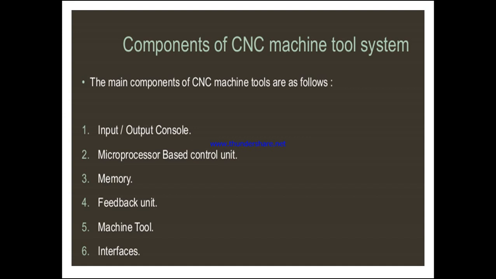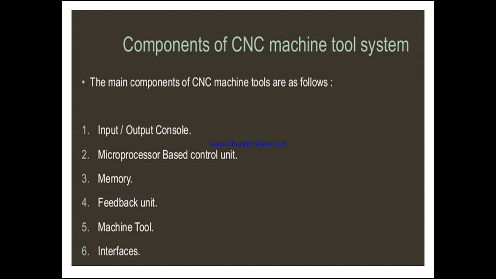Whatever programming we use has to be run by the microprocessor, which has control over the whole machine control unit. Then there is memory, which is used for storage. The programs we use will be saved in the memory, as well as the feedback signals, which it has to store.